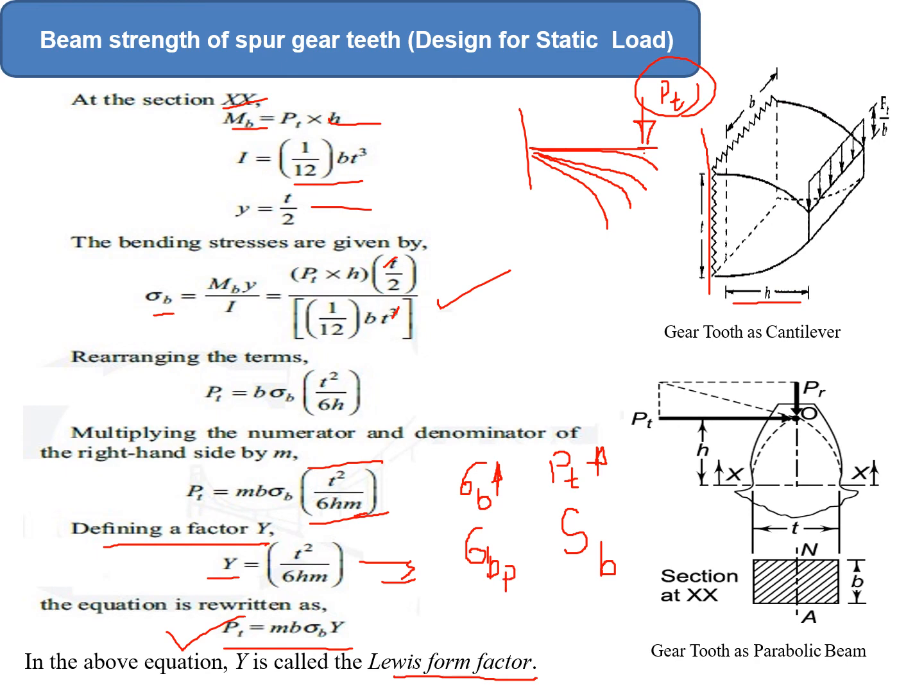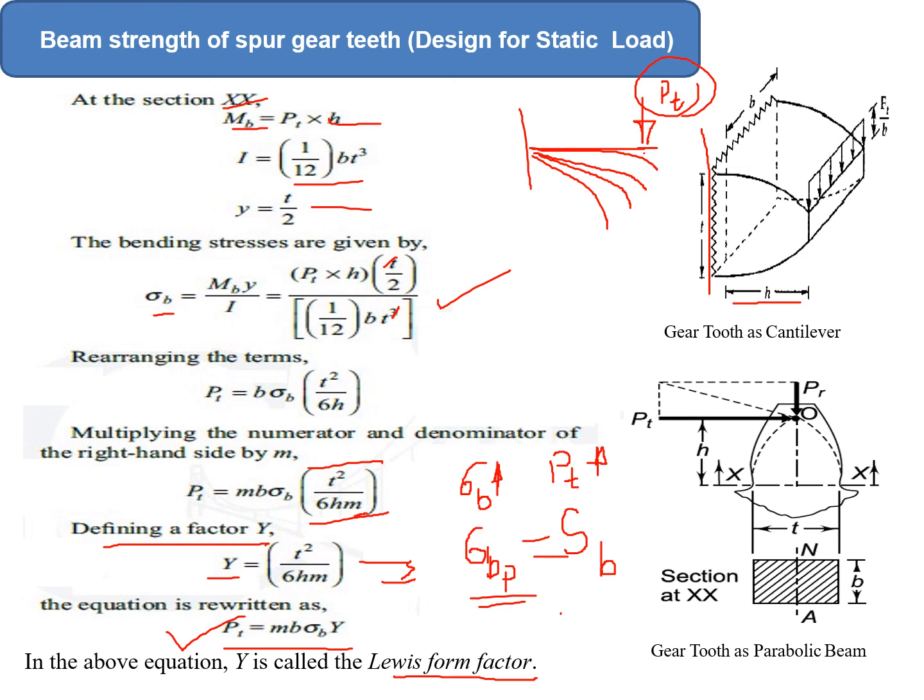So this is the permissible bending stress when we are talking about SB. When we are talking about PT, it is your bending stress. In the formula PT is equal to mb sigma b, sigma b is your bending stress. As your PT increases, sigma b increases, but up till what PT can the beam sustain? Up till the permissible bending stress. So the formula with permissible bending stress will give you the beam strength of the gear tooth.